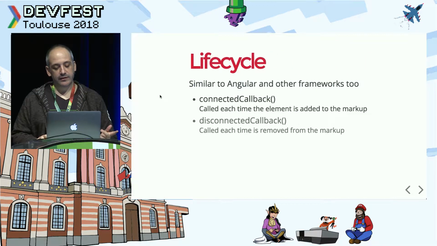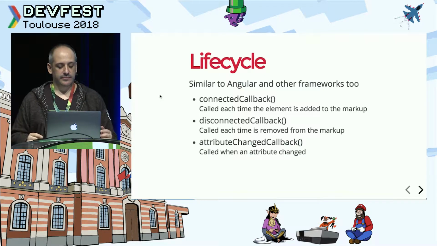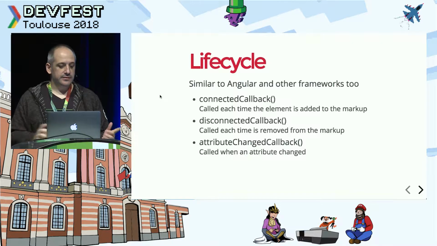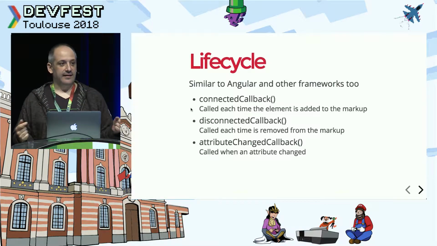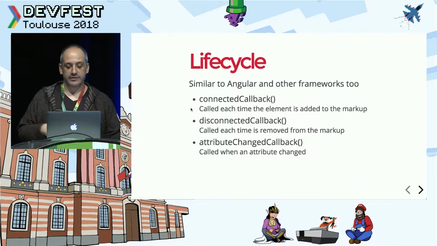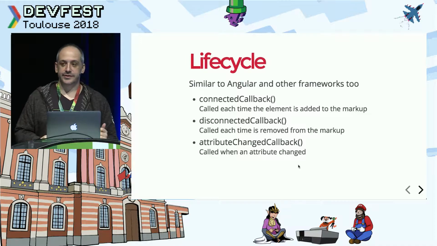If we compare the life cycles of both frameworks, they are very similar. The connectedCallback is called each time the element is added to the markup, and disconnectedCallback when it is removed. We also have attributeChangedCallback.